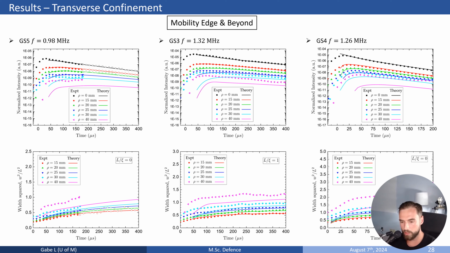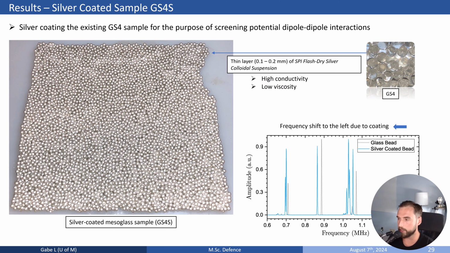To verify this assumption, one can make an experiment where we take the sample and make it a conductor, or coat it with a conductive material in order to inhibit these induced electric dipole-dipole interactions, which is exactly what we did.